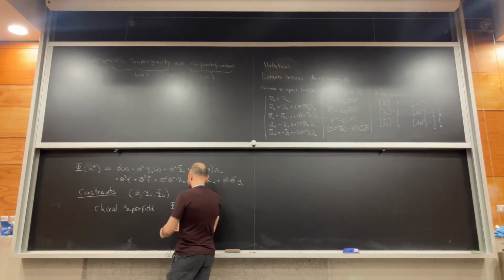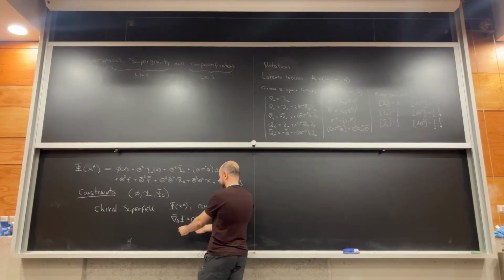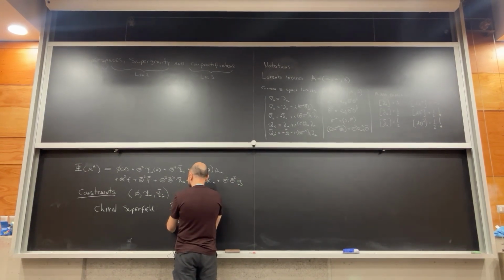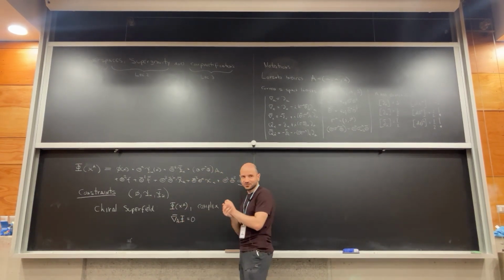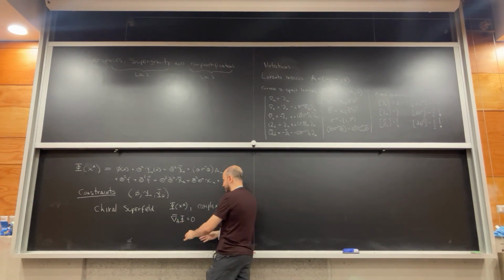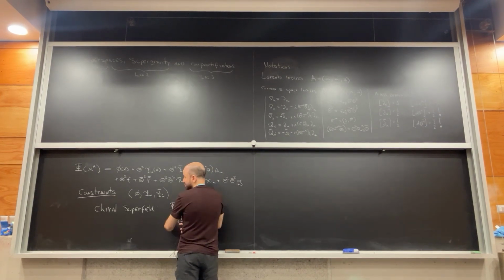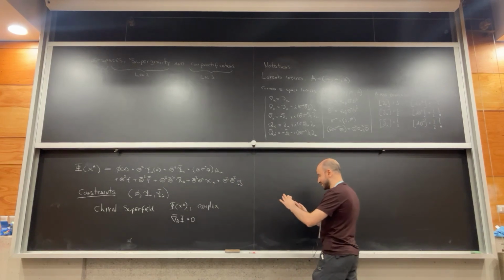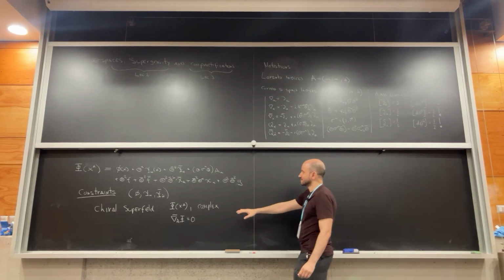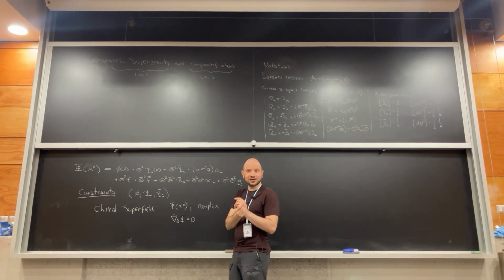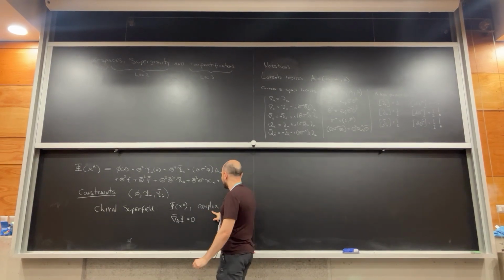So if I see exactly what this is giving me, I'm going to see that this is only giving me algebraic constraints. So I don't have to solve any differential equation to solve this. This is just an algebraic relation between the components here. Okay? So why should it be complex?